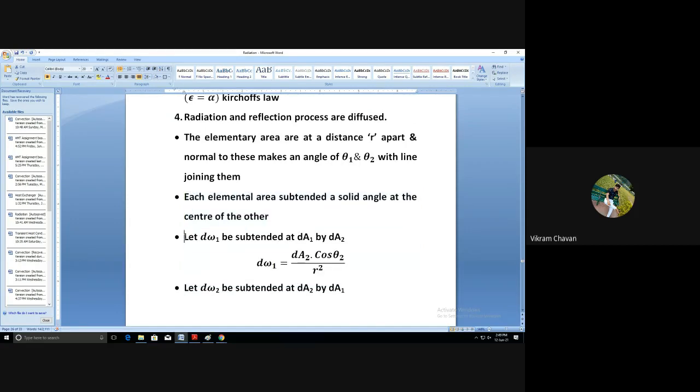Next, let d omega 1 be the solid angle subtended at dA1 by dA2.